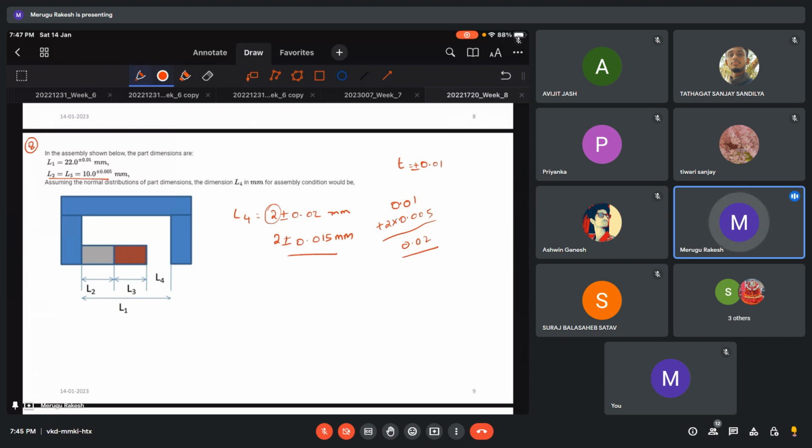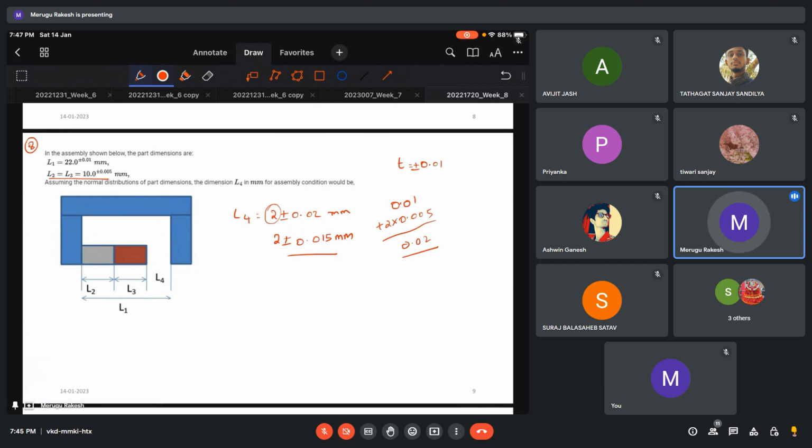So this question can be linked with this. There are some questions in which a cylindrical pin is coated with some type of thickness. In that case, they might ask you what is the size and the tolerance.